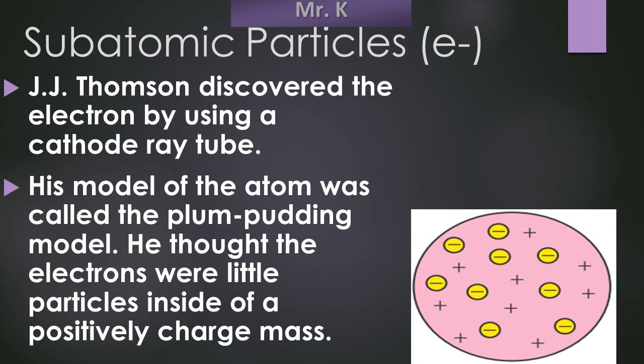So the first person to delve into the idea of what an atom looks like was J.J. Thomson, and he discovered the electron. He discovered it by using a cathode ray tube.